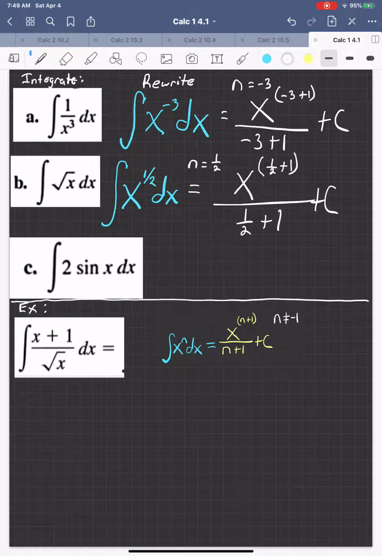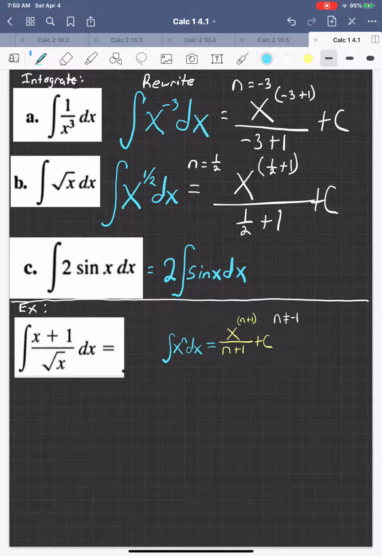Now, you can look back on the previous video where I gave you some integration formulas. And I've already given in lecture the proof for why the derivative of, say, sine is cosine. But we're integrating, right? So I'll scroll back just so you can see it here. The first thing I'm going to do is rewrite this as 2 times the integral of sine of x dx.